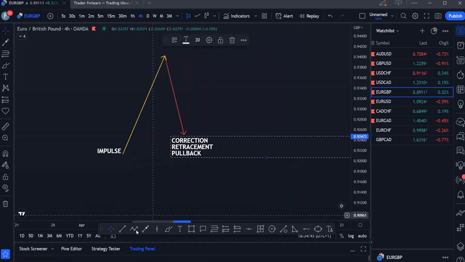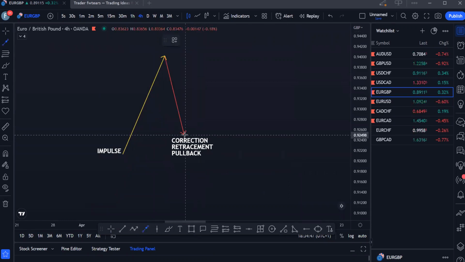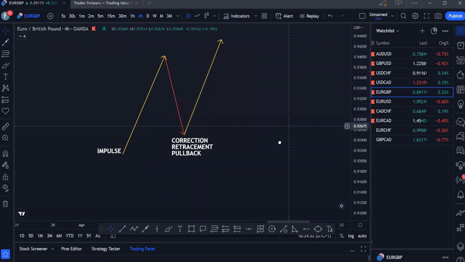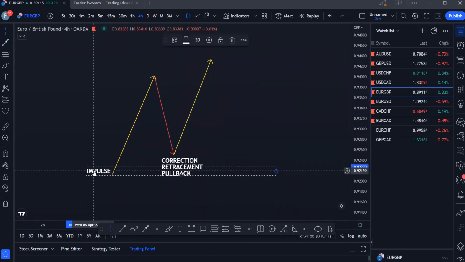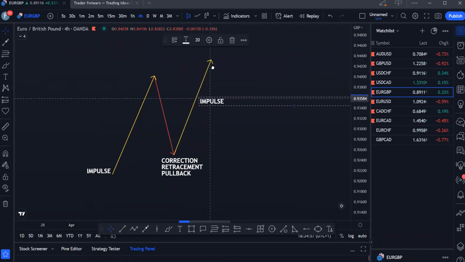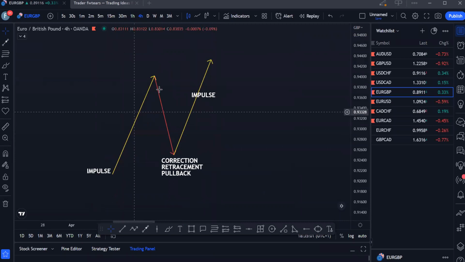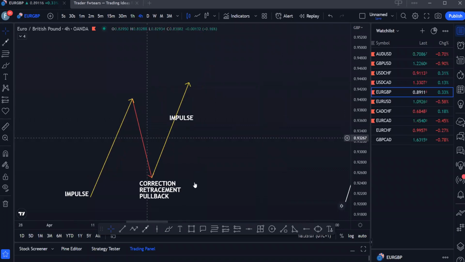All right. And then the last move in a trend is another impulse move. All right. So a trend is made up of impulse move, a correction, and then an impulse. All right. So if this trend will continue, we'll see something like this.